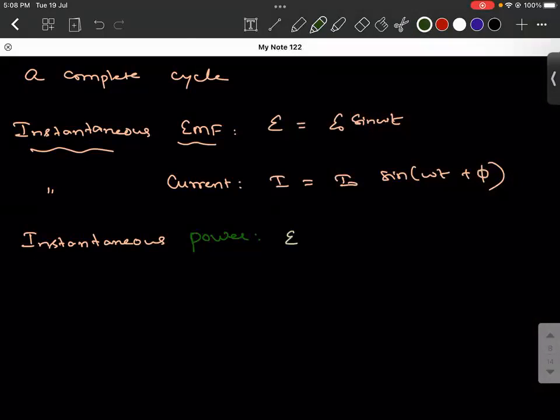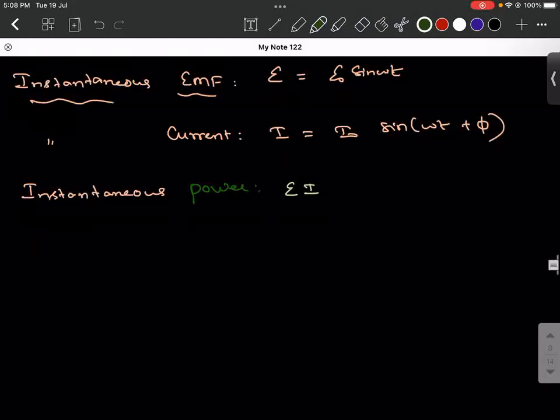This will be equal to E into I, because power is defined as the product of potential difference and the current.